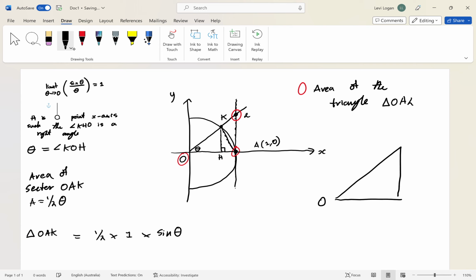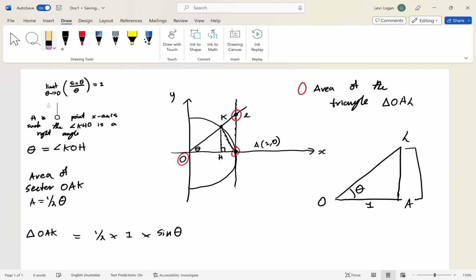So this is O, this is still theta, this is A, oh, this is A, not O. That's A, and that's L. Okay? We know this length here is 1, because O to A is 1. We want to find this height here. We want to find the length of AL.